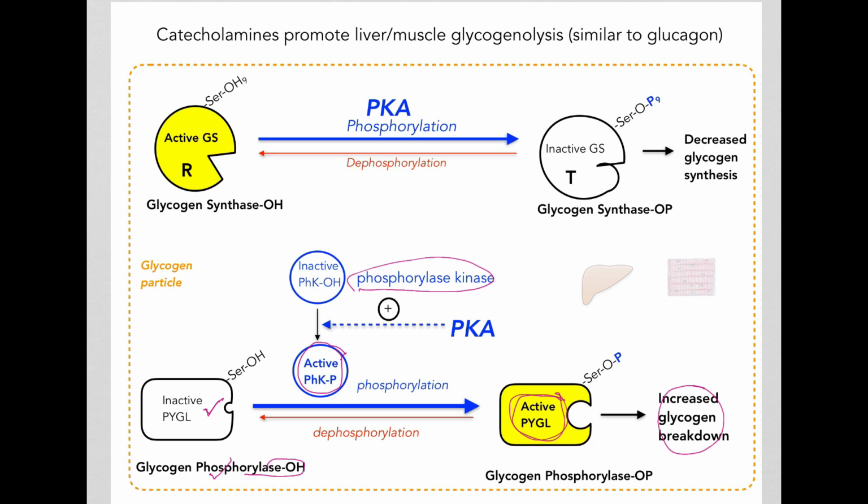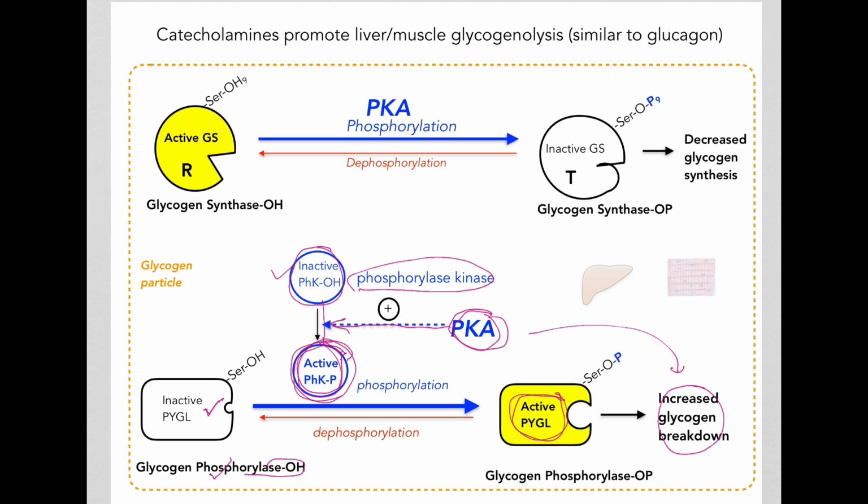So how does PKA increase glycogen breakdown? Well, PKA will convert the inactive phosphorylase kinase into the active phosphorylated phosphorylase kinase. So PKA will phosphorylate this protein, making it active.